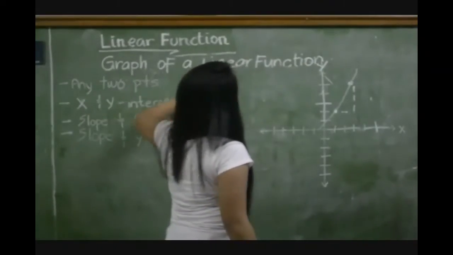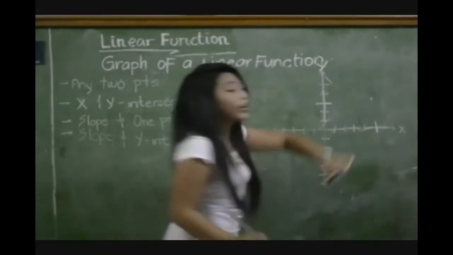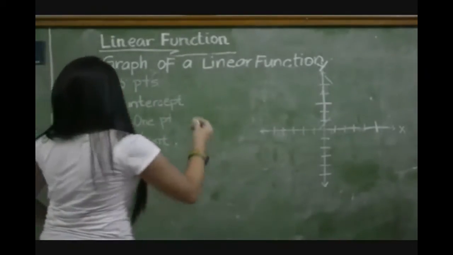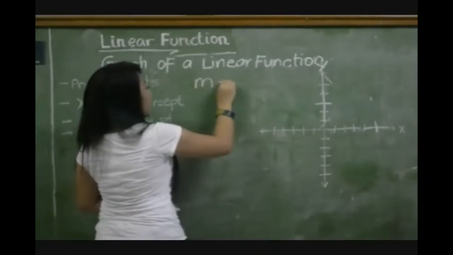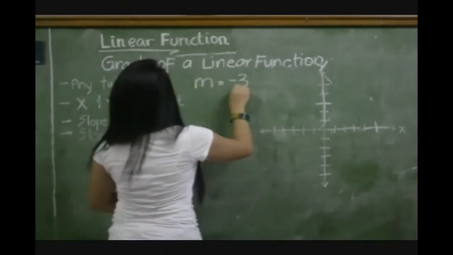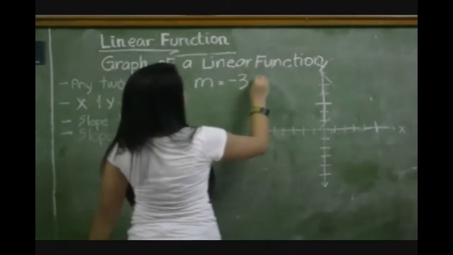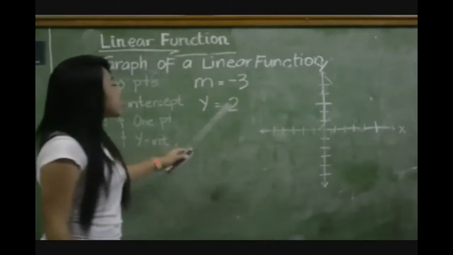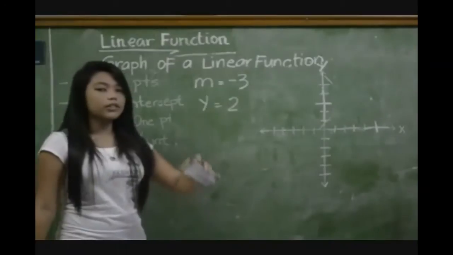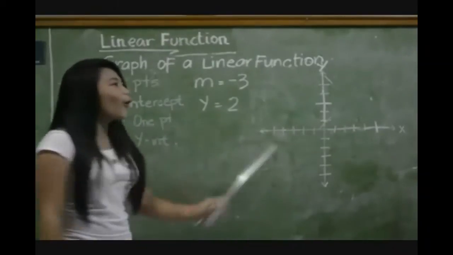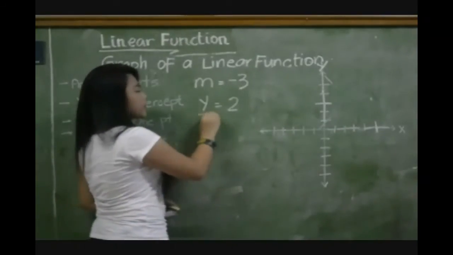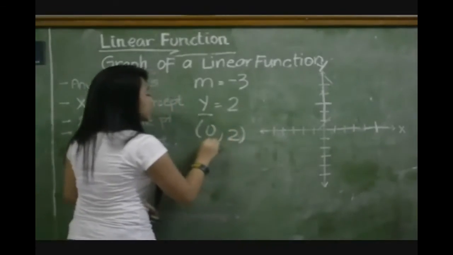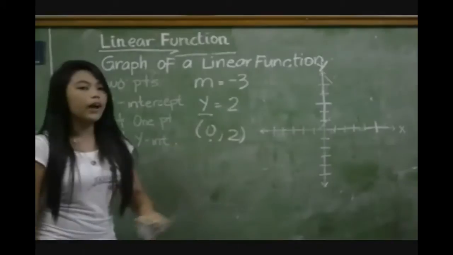Another example of a graph of a linear function is slope and y-intercept. Slope m equals negative 3, when the y-intercept is y equals 2. As far as you know, if the y-intercept is only given, it will become (0, 2). 0, because there is no value of x.